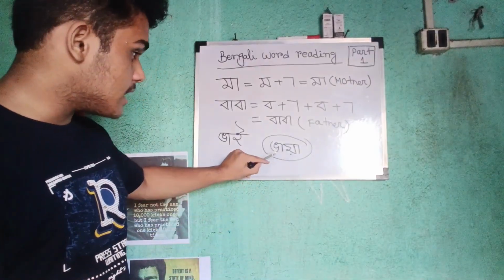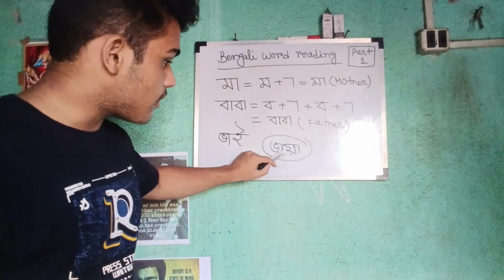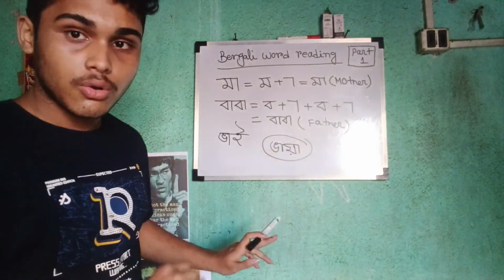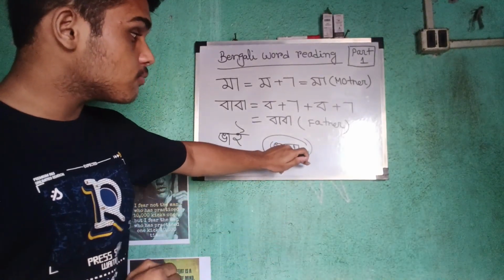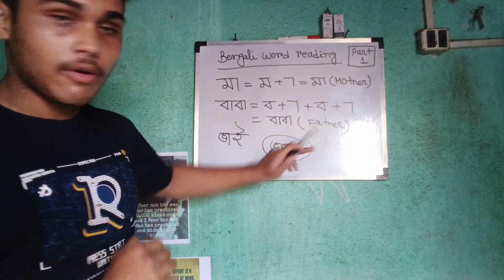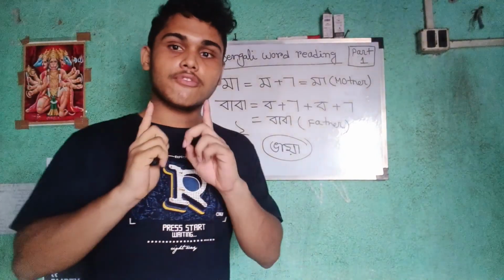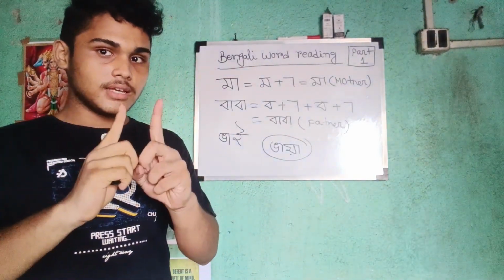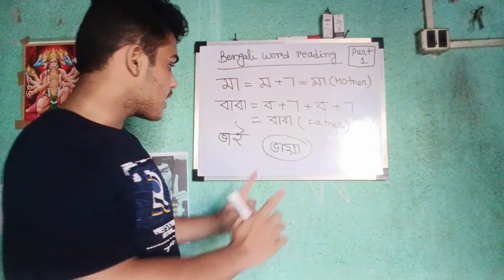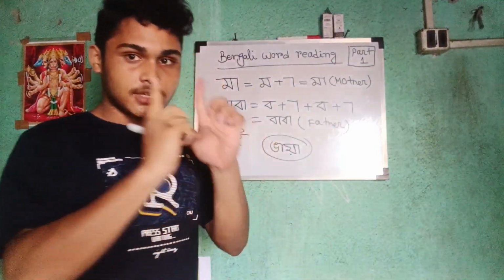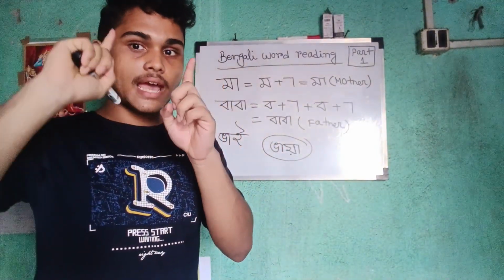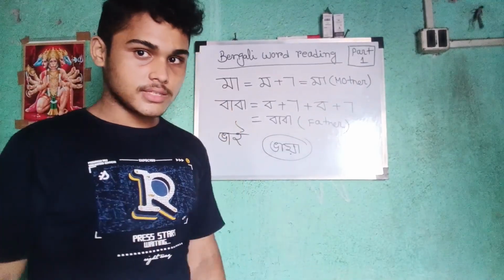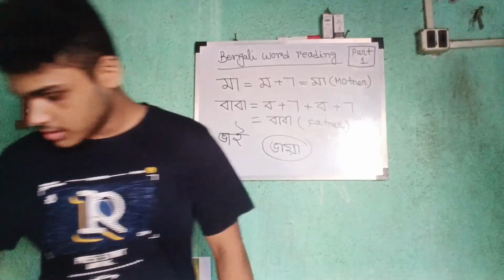You can notice that there is a consonant, then a vowel sign, then we are not putting another vowel sign; we are putting a consonant, then the vowel sign. So you have to remember that two vowel signs can't take place together. There must be a consonant between these two vowel signs.